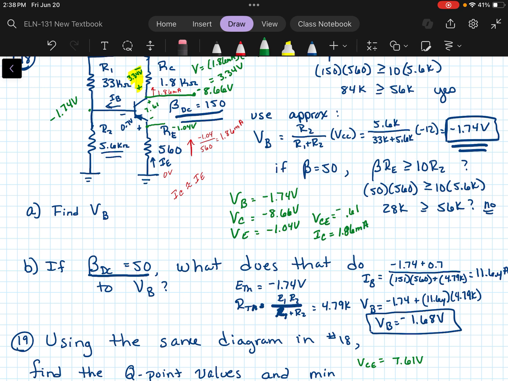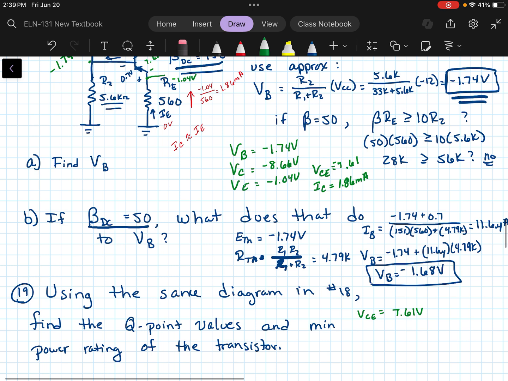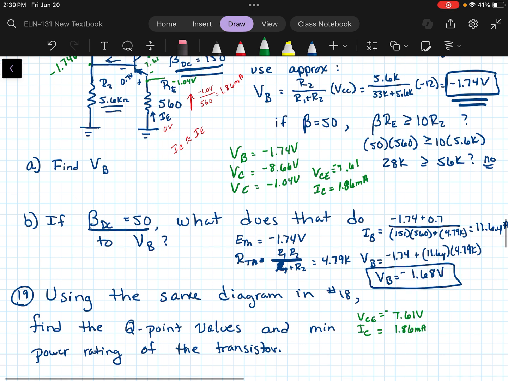Okay, it should be negative because VC, oh, I think I left off a number there, negative 7.61. Okay, so negative 7.61. IC is at 1.86 milliamps.